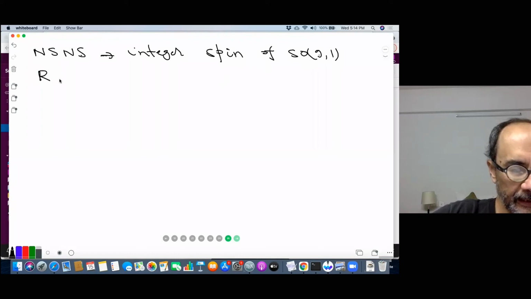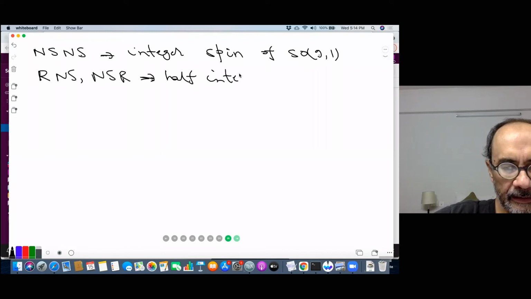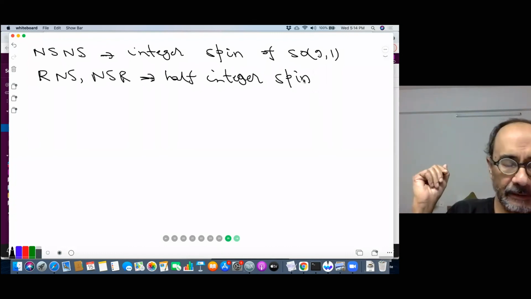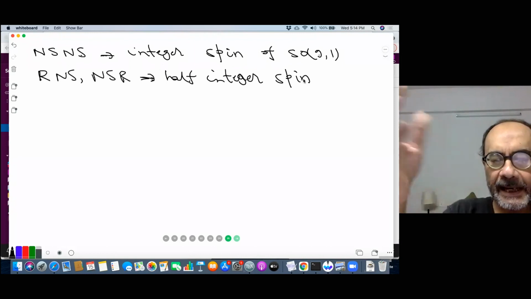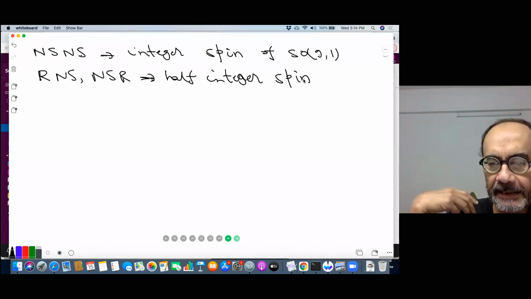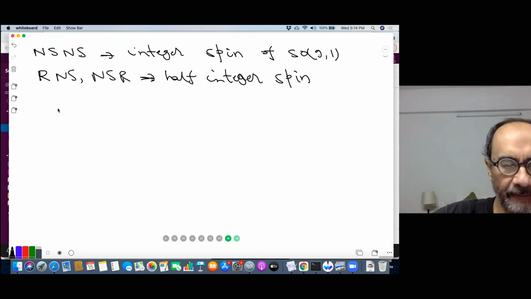RNS and NSR states have half integer spin, because on one side it has a spinor index, and on the other side, of course, it's like NS, so it has only a vector index. So when you combine them, you get spinor states. So these describe physical space-time fermions.